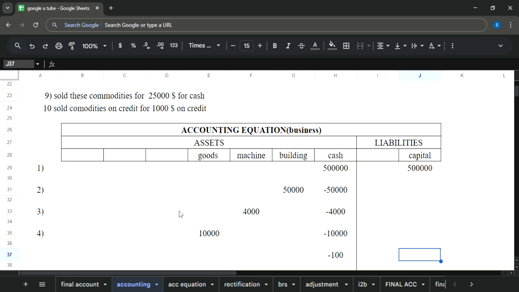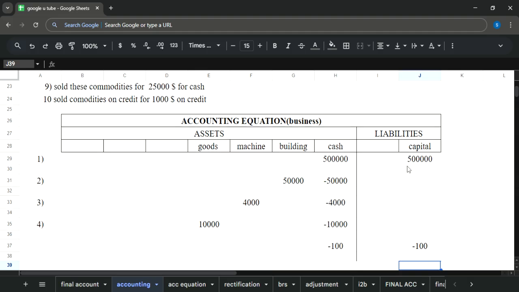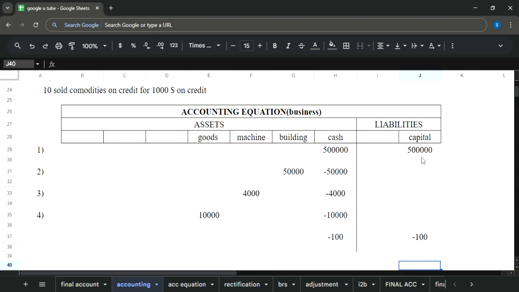So at the start his capital was 5 lakh, but since we have paid 100 rupees out of his capital, you will subtract 100 from his capital. So his capital would not be considered as 5 lakh. Instead of that, we will subtract 100. This was transaction number 5.